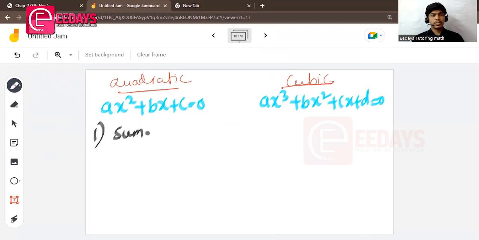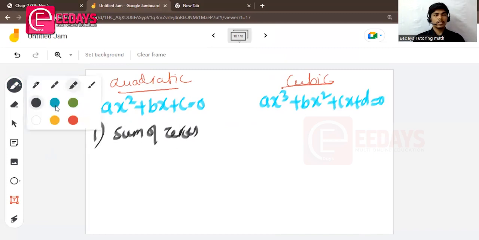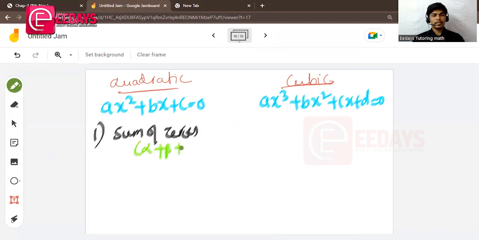Sum of zeros, that is alpha plus beta plus gamma. Sorry, only alpha plus beta. So you are getting minus b by a.